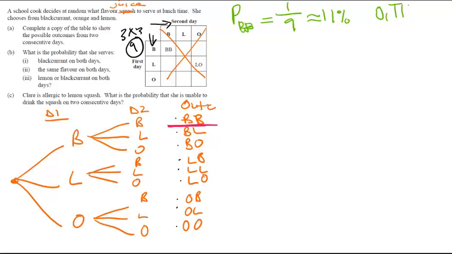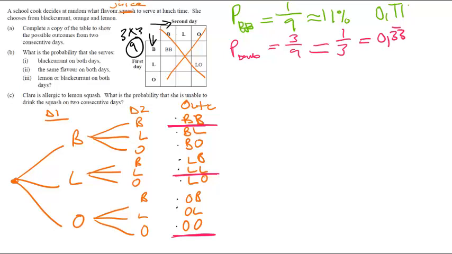So we've got blackcurrant, blackcurrant, we've got lemon, lemon, we've got orange, orange. So the probability of getting doubles is going to be 3 out of 9, which is 1 over 3, 0.33 recurring, or 33% chance of you getting the same flavor in 2 different days.